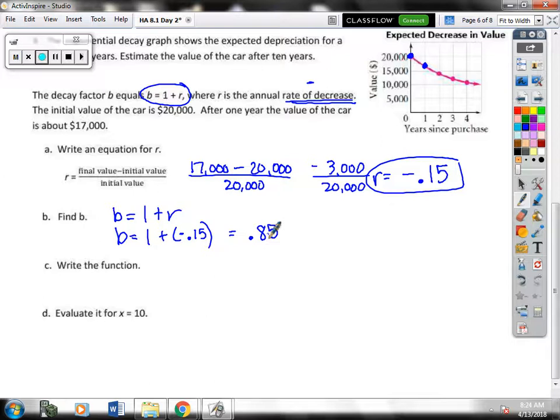And then we're asked to write a function. So again, our standard form for a function is y equals a times b to the x. Remembering that a stands for the initial, it was population yesterday. Today it will be the initial value of the car, the starting point. So this will be 20,000 times 0.85 to the x power.